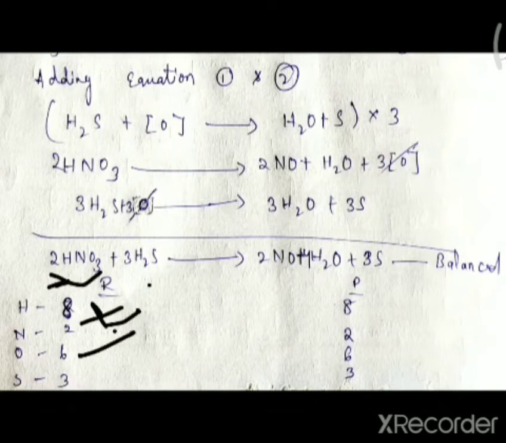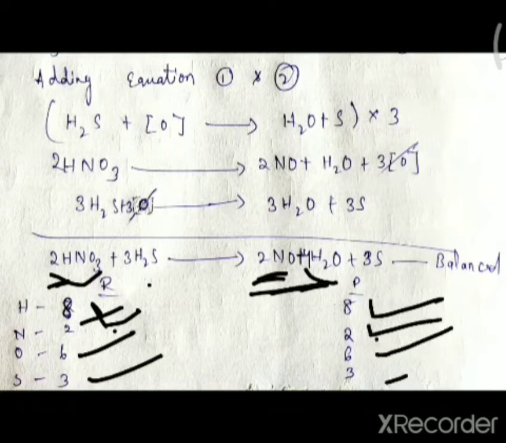Then sulfur 3. Then this side we will see. Here also hydrogen 8 atoms because 4 times 2 is 8. Then nitrogen also 2, then oxygen also 6, then sulfur 3.